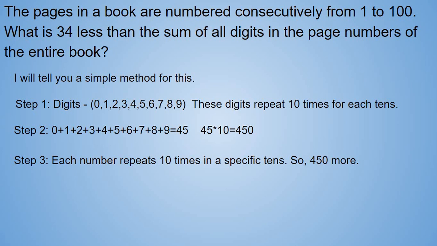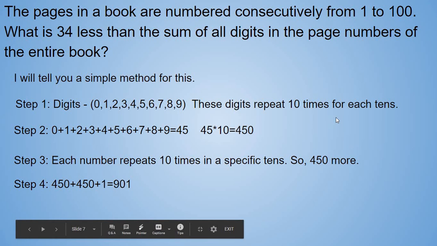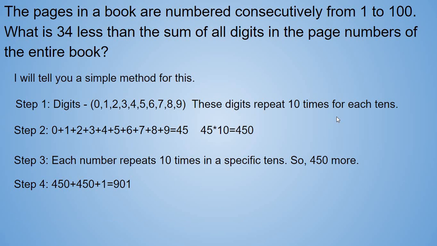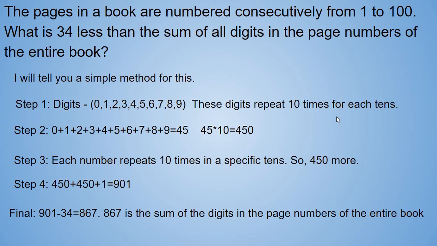We didn't figure out the 100. What happened to the 100 page? So we need to add the sum of the digits in 100, which is 1. So we just have to add 1 to the 900, which is 901. So the answer is 901. Wait, no. I just caught myself there. Look at the question. What is 34 less than the sum of all digits in the page numbers of the entire book?